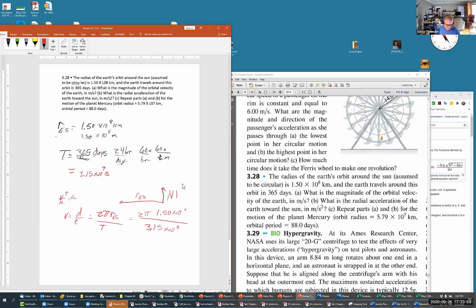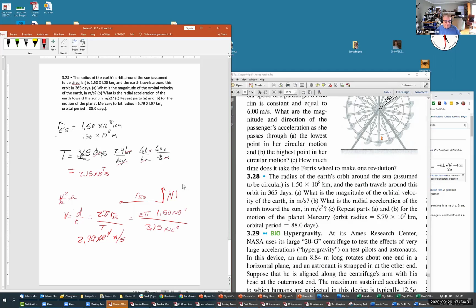Where's pi? Oh, there it is. Times 1.5 E11, divided by 3.15 E7, and I get 2.99 times 10 to the 4th meters per second.